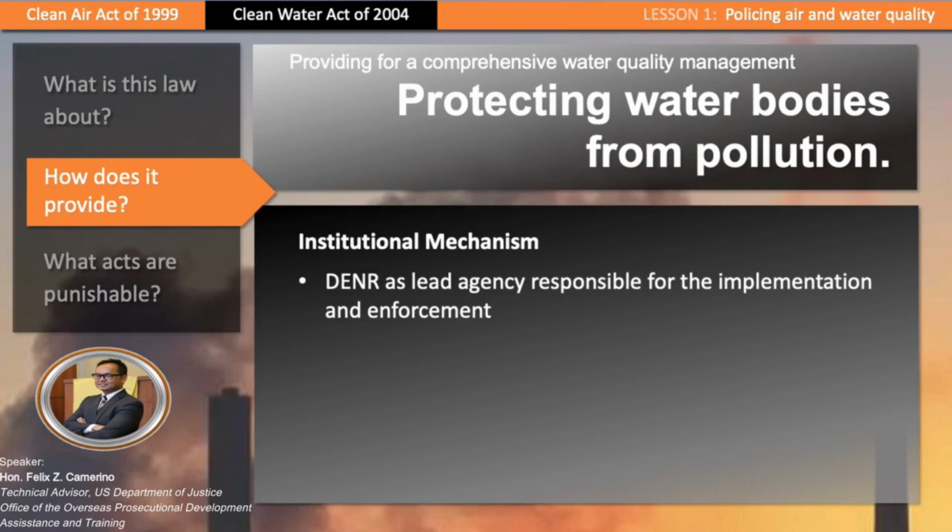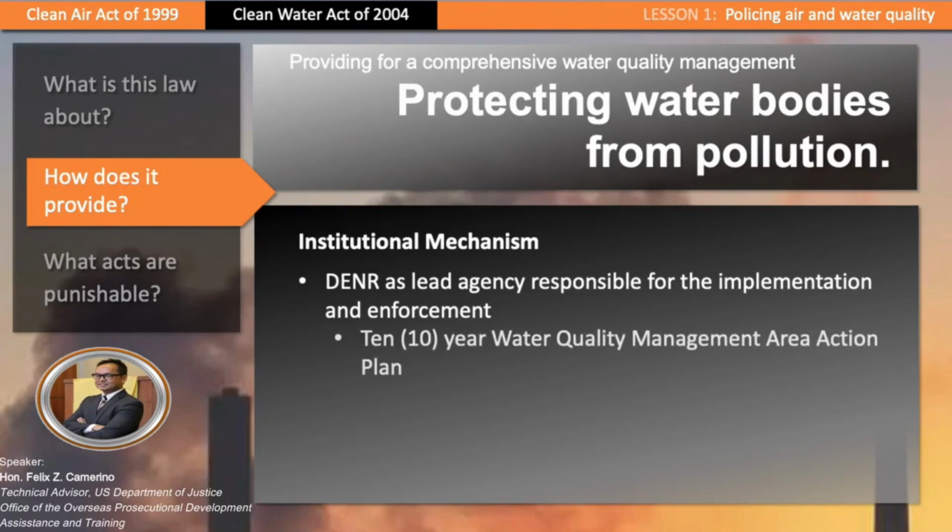And that's basically the action plan, the official blueprint, as I mentioned. It's the same here. There is also an action plan that is put together. It's a 10-year water quality management area action plan, and DENR is tasked to ensure that that is produced.